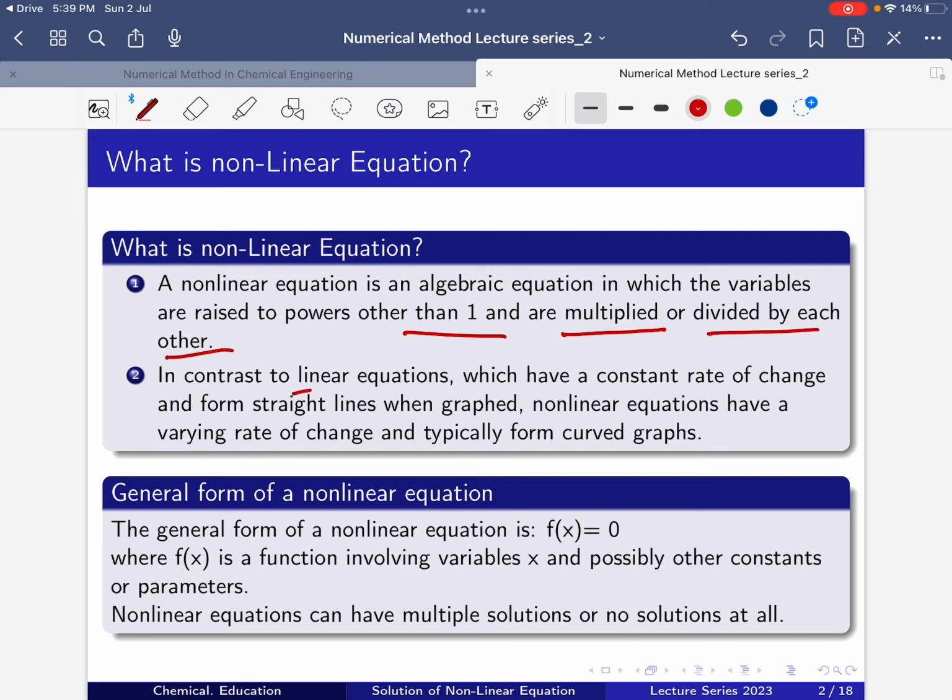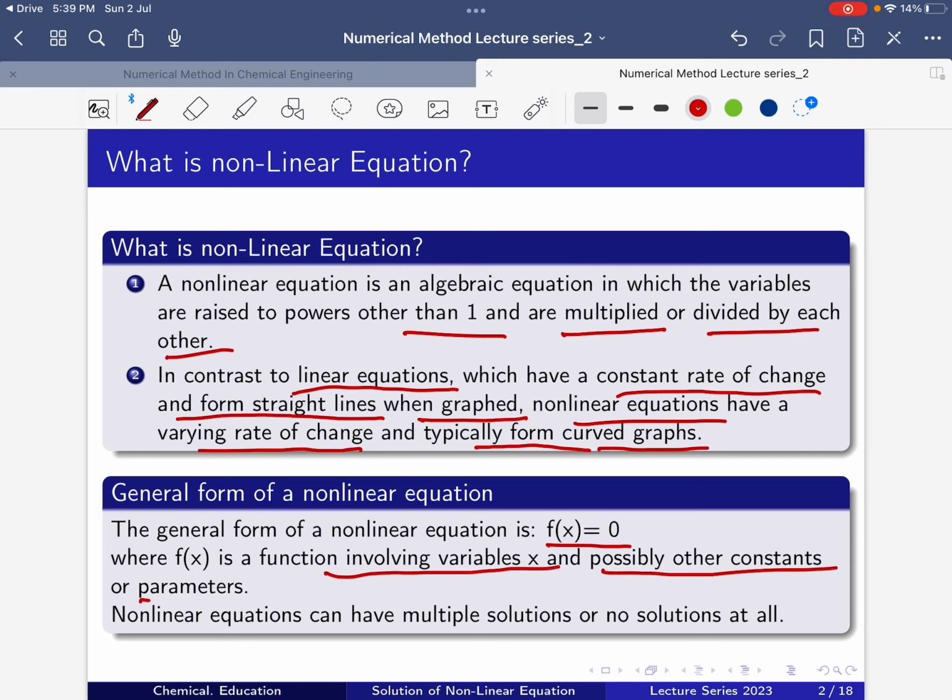In contrast to a linear equation, which has a constant rate of change and forms a straight line when graphed, a nonlinear equation has a varying rate of change and typically forms a curved graph. Now, the general form of a nonlinear equation is f(x) = 0, where f(x) is a function involving the variable x and possibly other constants or parameters.